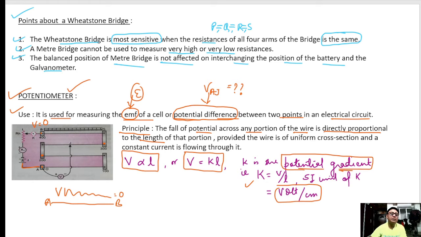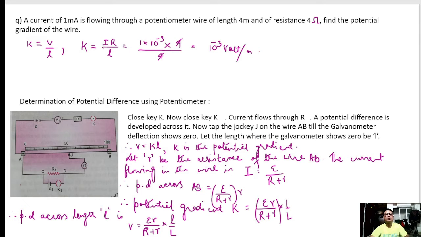Now let's see a few more things about this particular chapter. First of all, they have given that the current is 1 milliampere, and 1 milliampere is 10 to the power minus 3 ampere.